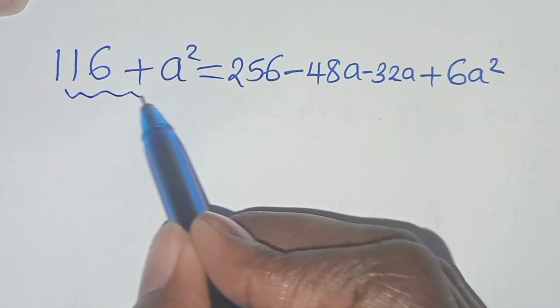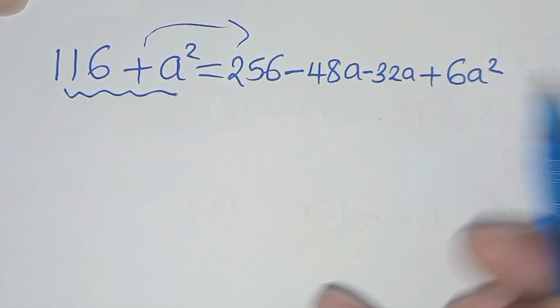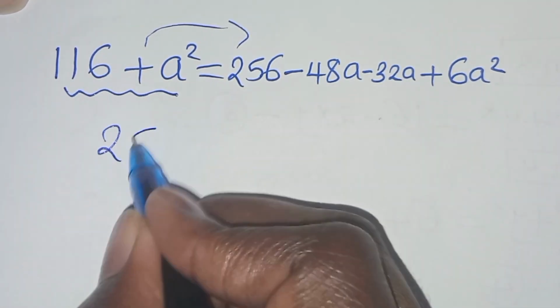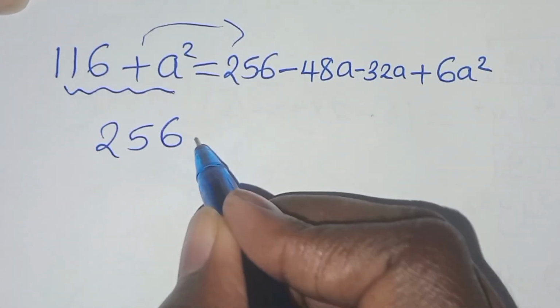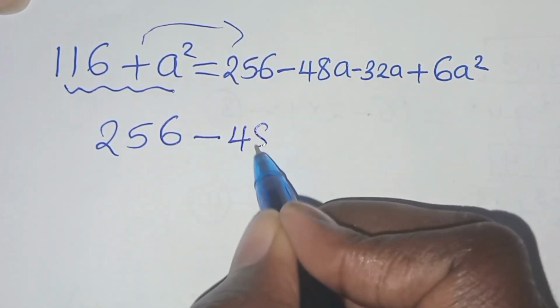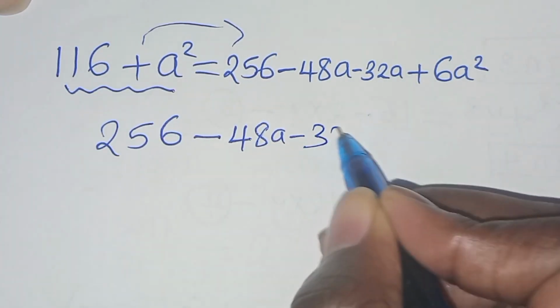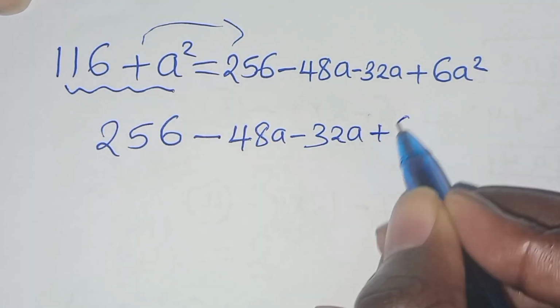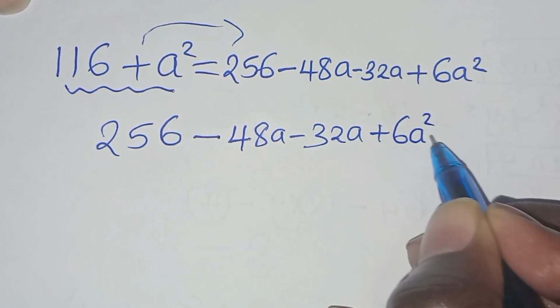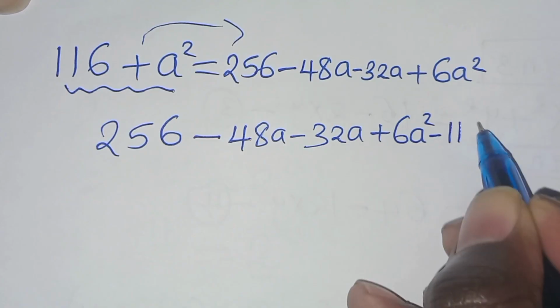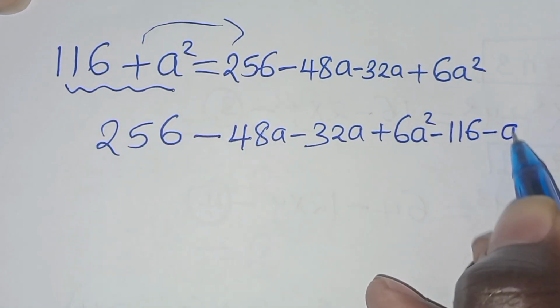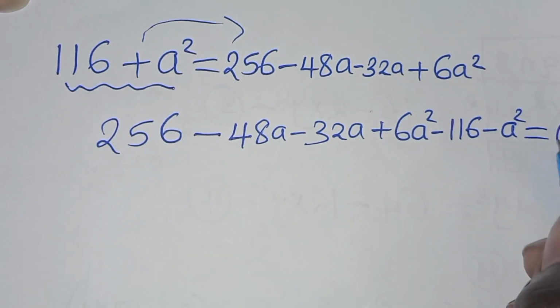Let's take 116 plus a squared to the right-hand side. So here we have 256 subtract 48a minus 32a plus 6a squared, subtract 116, then minus a squared. This is actually equal to 0.